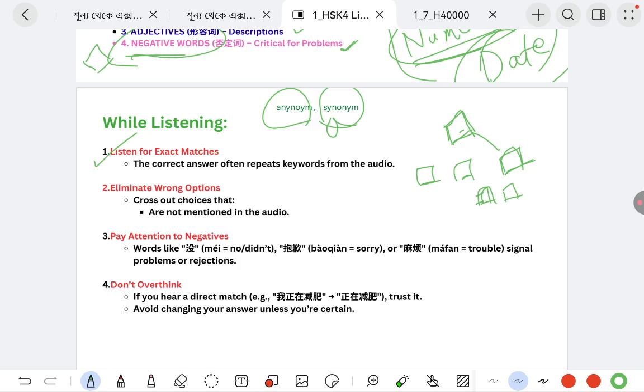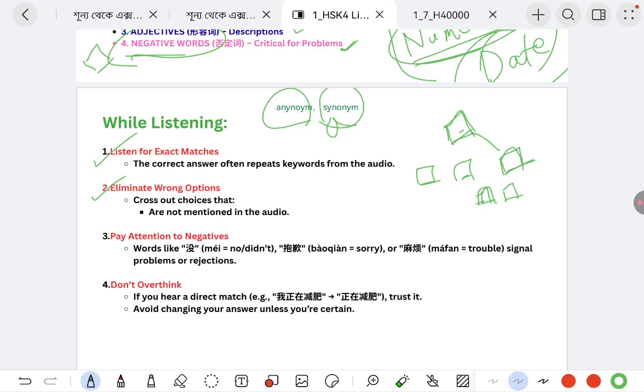Then you have to understand the context, what kind of topics they mention in this audio. You have to understand the topics. Almost all of the time they give the correct answer in the audio, but sometimes they don't mention the correct answer in the audio. You have to understand what happened in this audio. You have to guess.